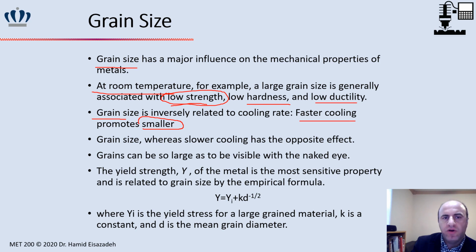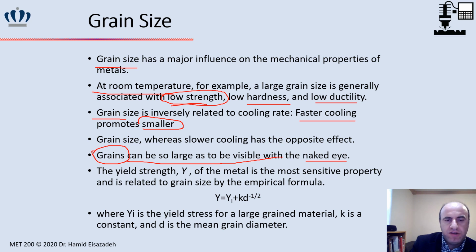Normally grains are very small to see. You have to use a microscope if you want to observe the size of the grain. But sometimes, depending on the process parameter, they can be so large that they can be observed with the naked eye.